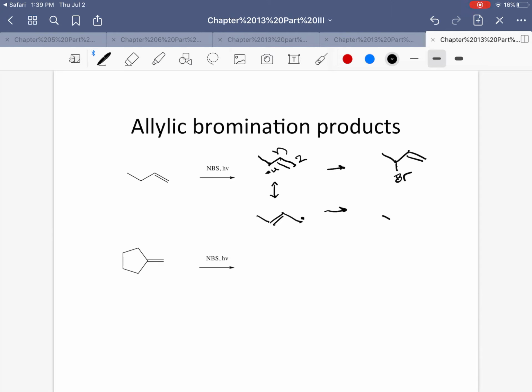Each one of those is going to go on to give a different product. So you would get two constitutional isomers as products based on the two resonance forms.